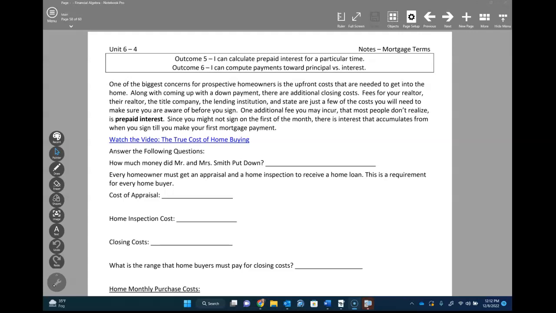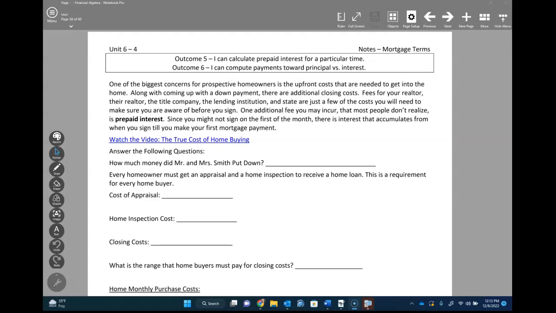One additional fee you may incur that most people don't realize is prepaid interest. Since you might not sign on the first of the month, there is interest that accumulates from when you sign till you make your first mortgage payment.